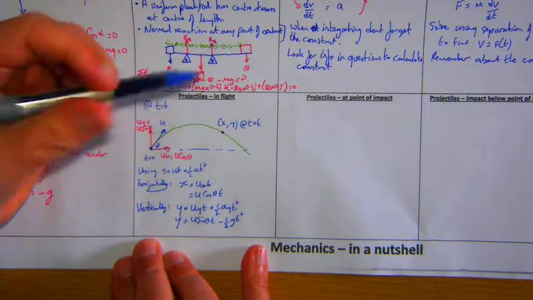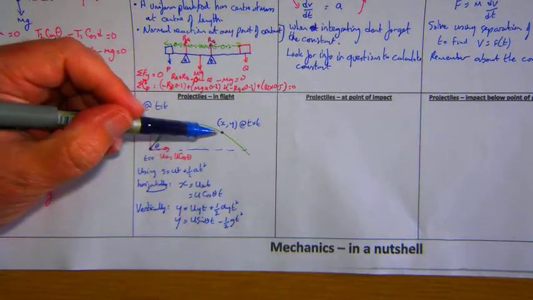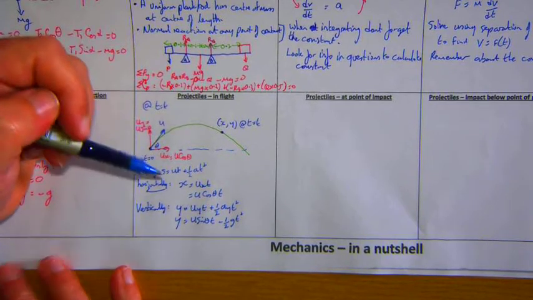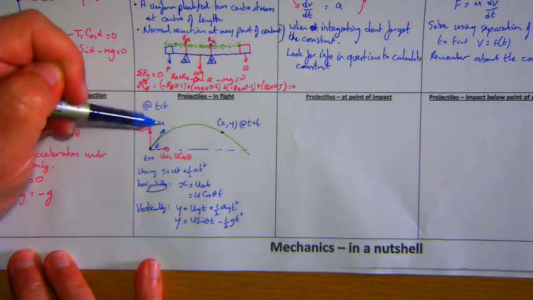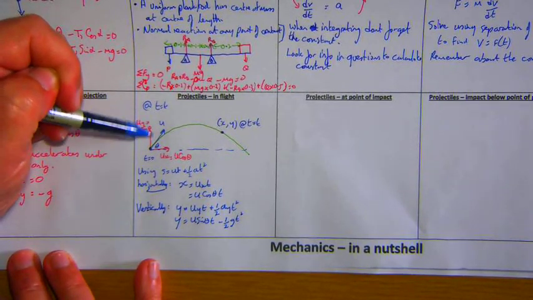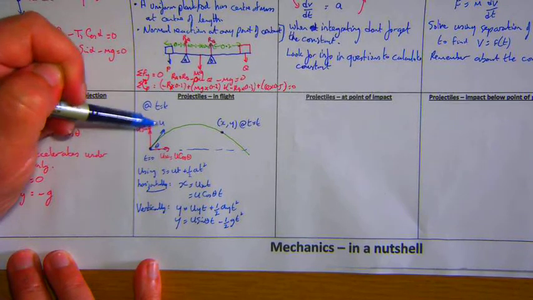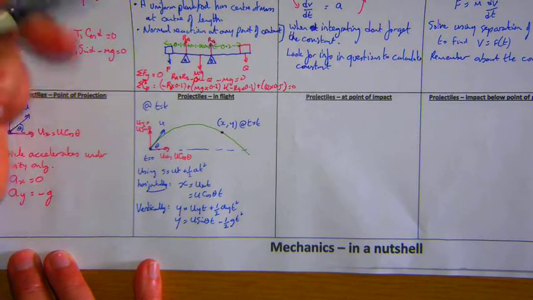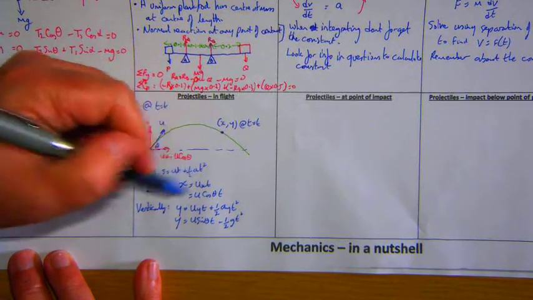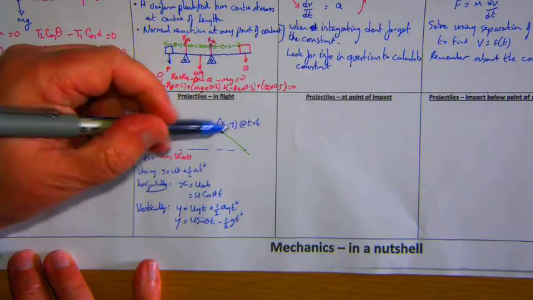So if I want to know where that is after 2 seconds, and I know more information about how it was launched, so its initial velocity and the angle that it was projected at, I could put t as 2 into there and work out what that value is.